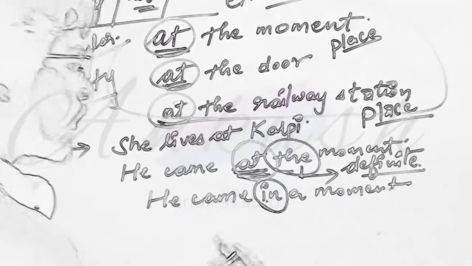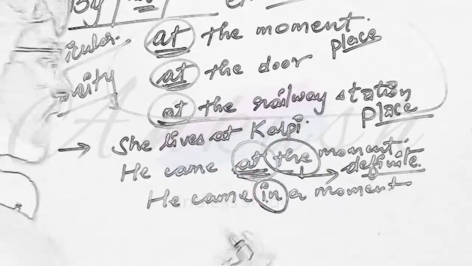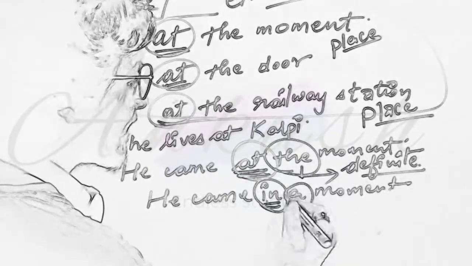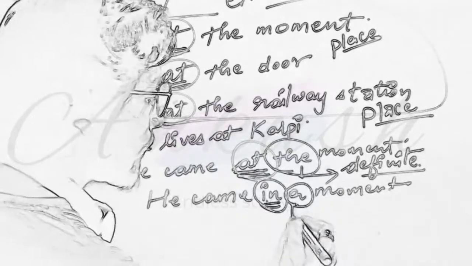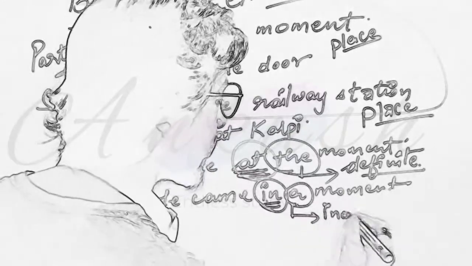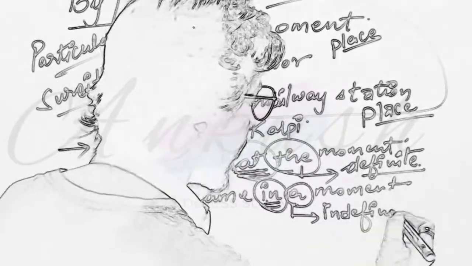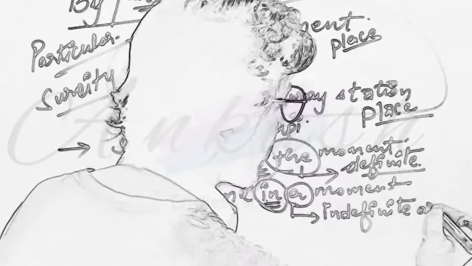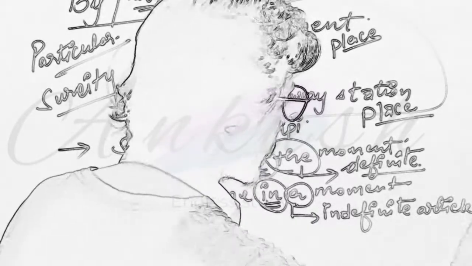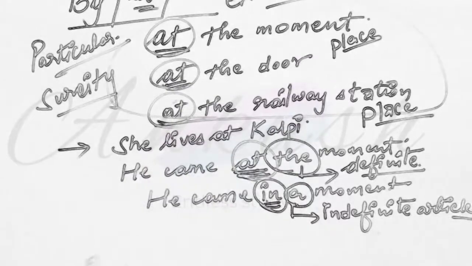In a moment, we don't know which moment we are talking about. So after in, you can see that a is being used, because a is an indefinite article. So these are the various uses of at.